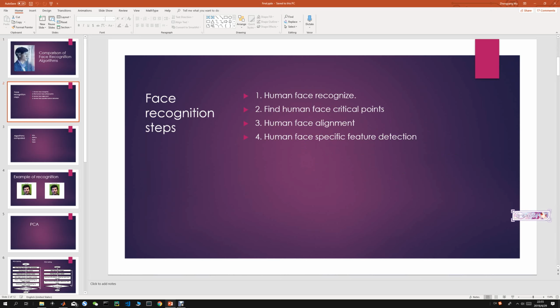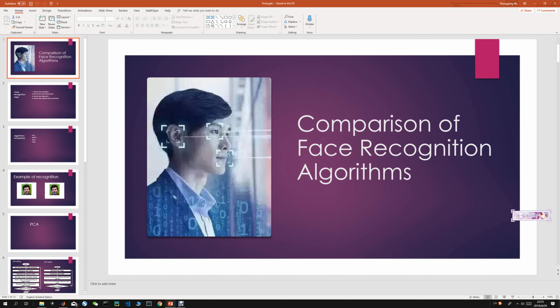This is a very simple and easy to understand way to learn some fundamental information about face recognition. The first step is to get the human face, of course, and recognize it. The second step of the algorithm will find the critical points of the human face, such as we show in the first picture: the ears, the eyes, the nose and the mouth.